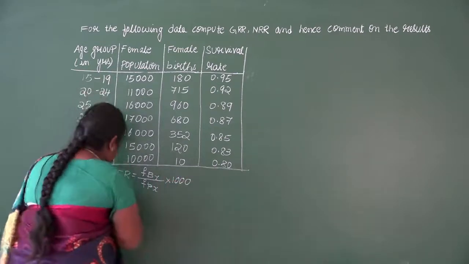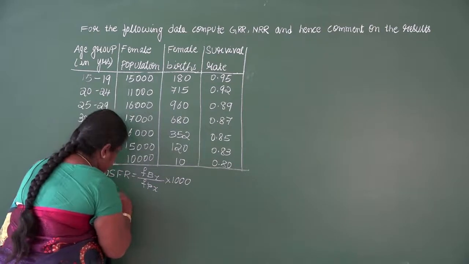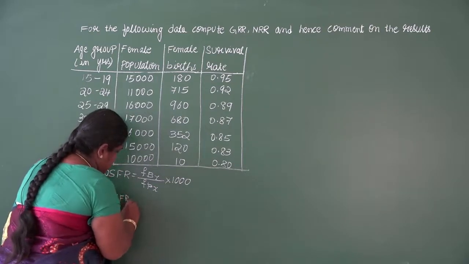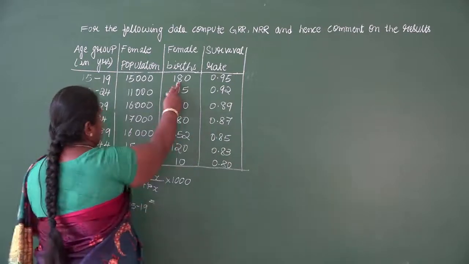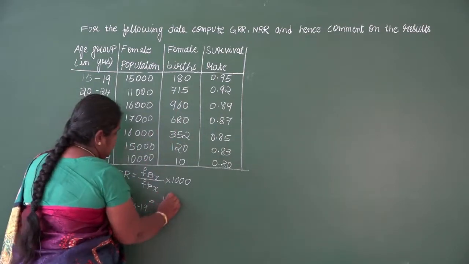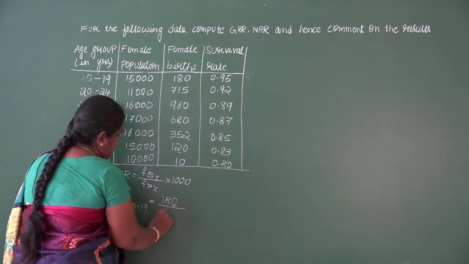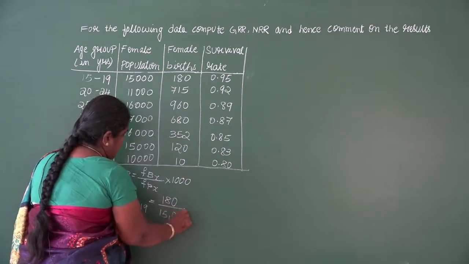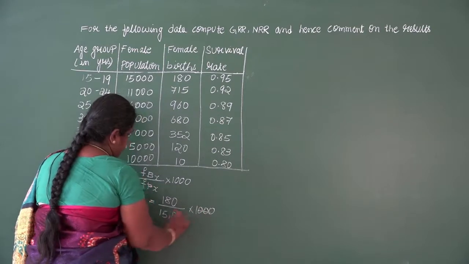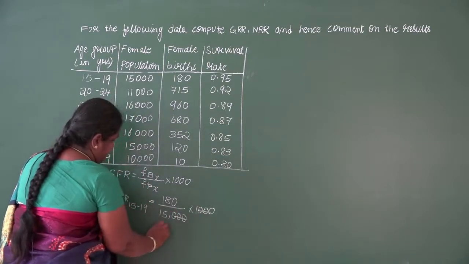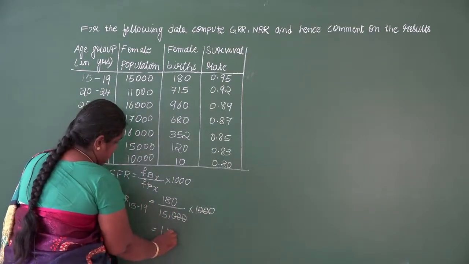You have to show one step calculation. We'll show it for the first age group 15 to 19. We have 180 here. So 180 divided by 15,000 into 1000. We'll get 12.